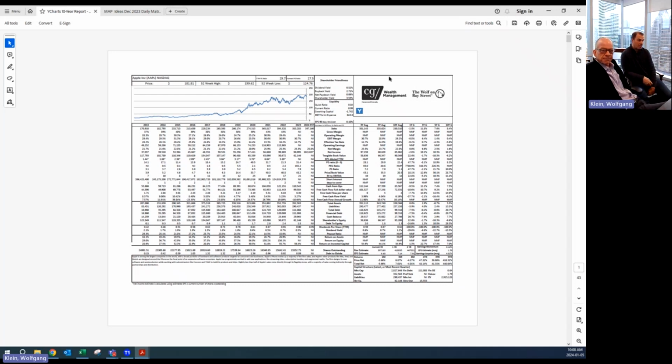Yeah, the one thing I would just say, both of these, the chart and the table that we have shown you so far, are derived from the same software, YCharts. One of the most astonishing things with Apple, if you look right at the bottom there, is the share count, how much cash flow they've used to reduce their share count. And that is the reason why Warren Buffett loves the company.